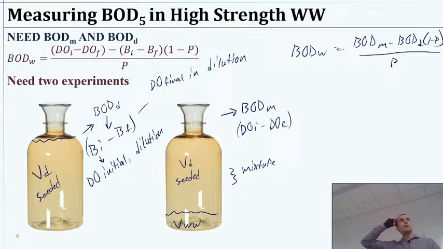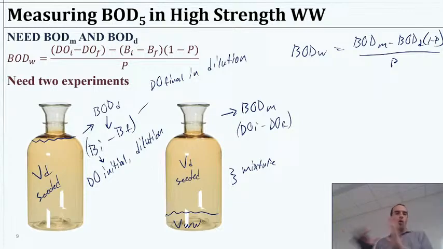Then to calculate the BOD for the wastewater that is in the mixture, we have to account for the 1 minus P, all divided by P. We have 3 different BODs to analyze here: bottle number 1, bottle number 2, and the remaining unknown. We solve for the one remaining unknown, the BOD of the wastewater, or the sample. Does that make sense?